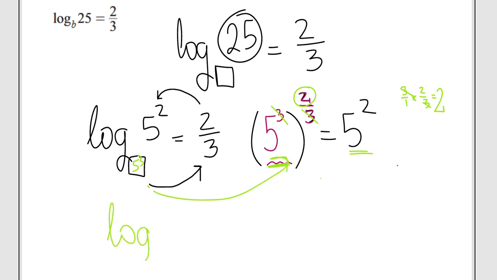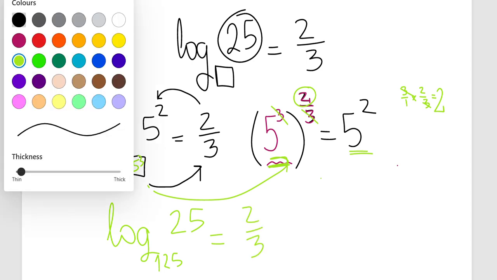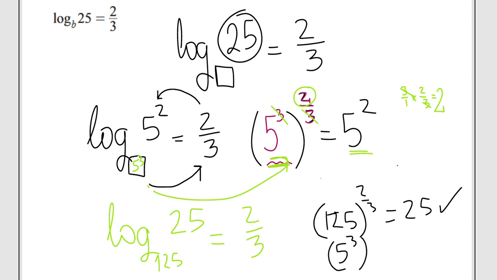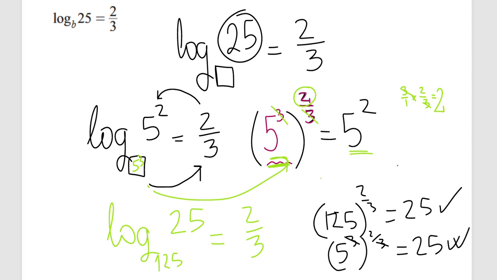So basically you can write this as logarithm 25 for the base 125 is equal to 2 over 3. In order to double check this, you can say 125 raised to the power of 2 over 3 is equal to 25. And that is indeed correct. 5 to the power of 3 and then 2 over 3. 3 and 3 will cross each other out. 5 squared, which is 25. With that, we are done.